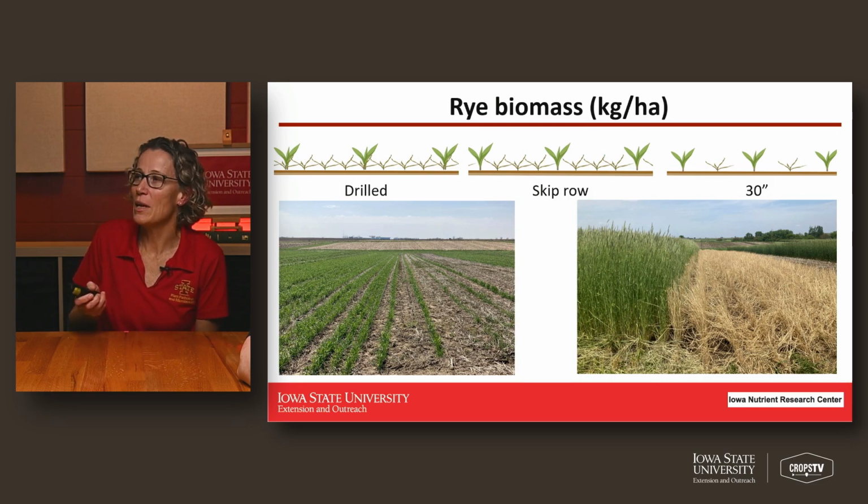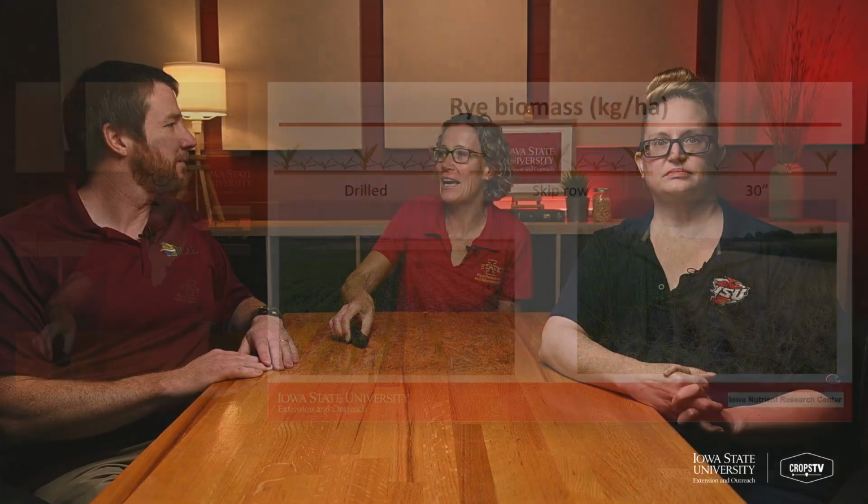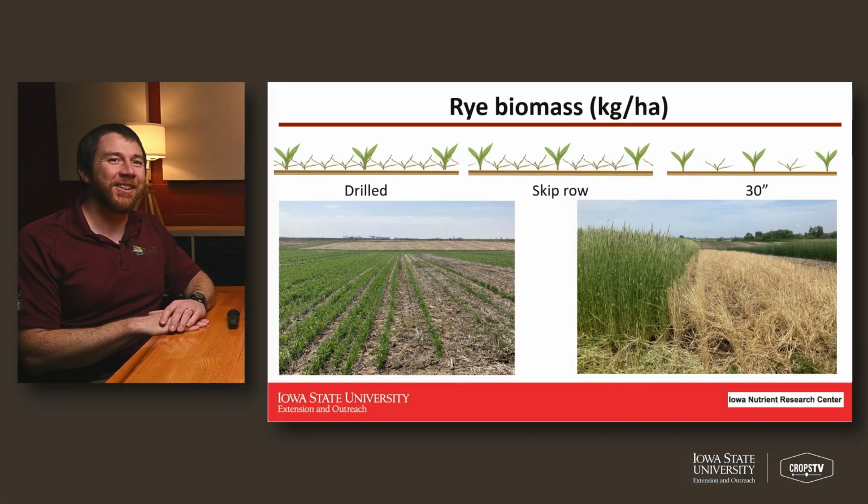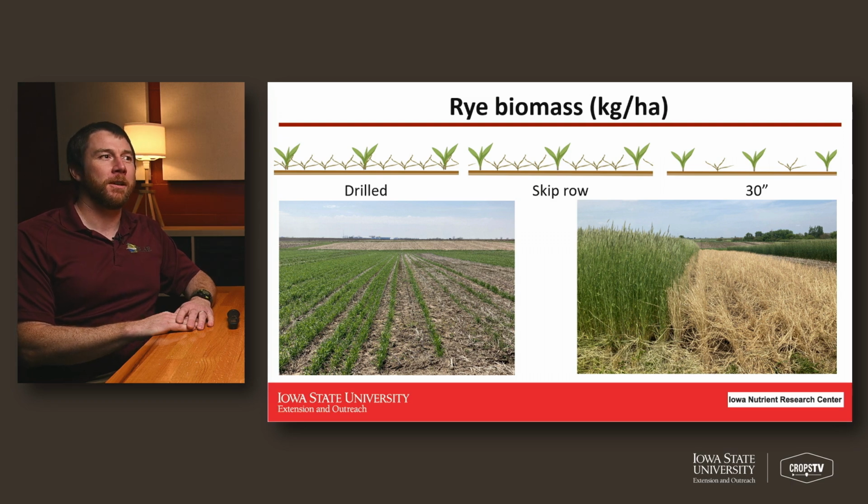So Peter, do you want to discuss what we found in terms of the rye biomass? Because that was really fun over the 2 years that we did this study. Yeah, absolutely. As all these studies tend to be, the 2 years were very different from one another. We have a picture showing that on the left, from 2023 in the spring, which I would call roughly an average amount of biomass production, probably a little bit below average.